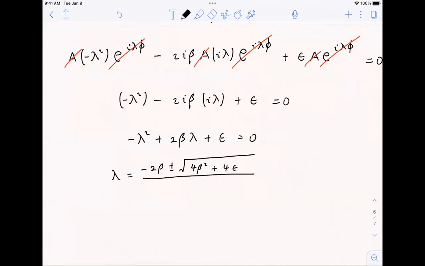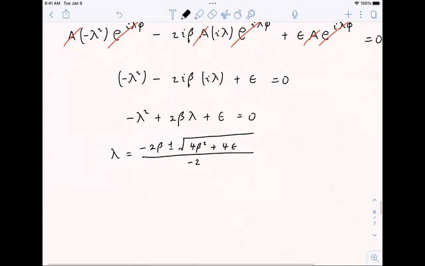Then this will be negative 2. You solve the quadratic equation, and then you cancel it. This negative one, after you go into here, is still plus and minus. Then the 2 going into the square root will cancel the 4 here. And then, yeah, so eventually you get this.